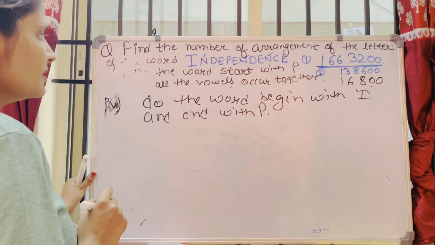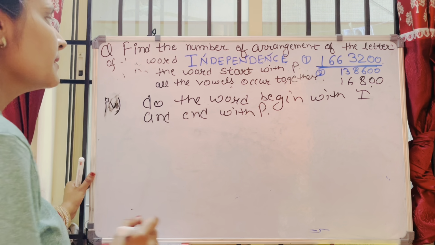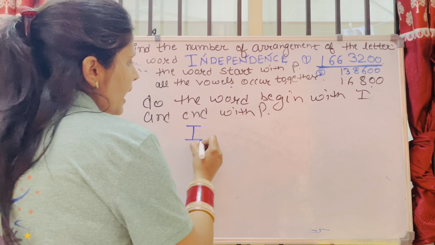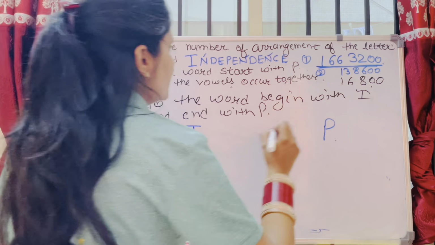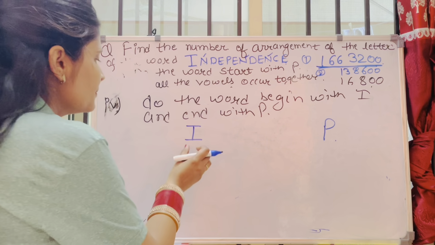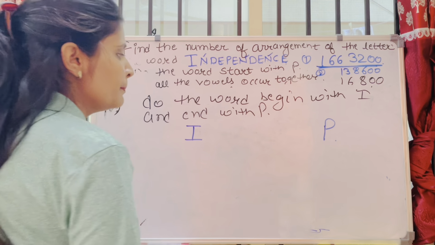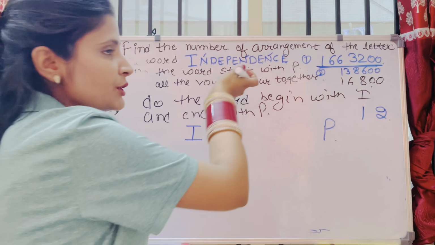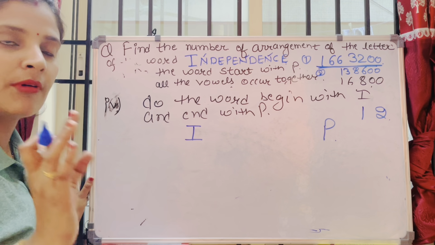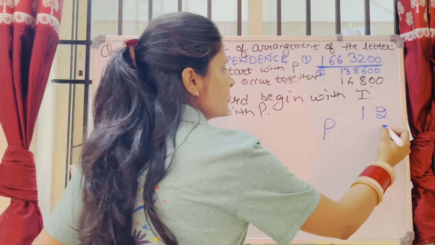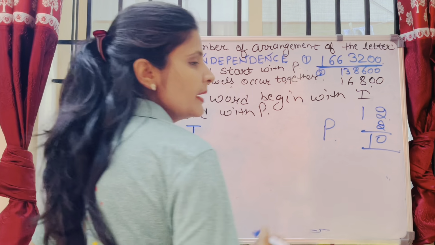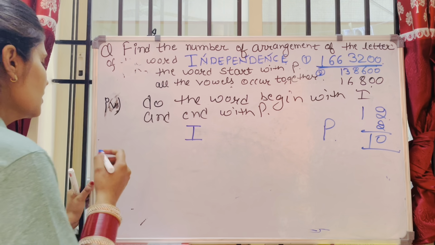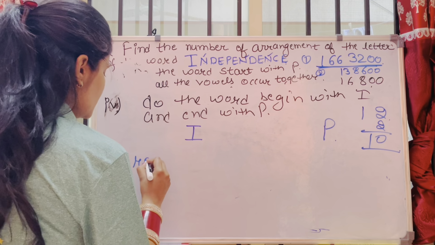In Independence, for the words that begin with I and end with P, the total number of arrangements: out of 12 letters, 2 letters are fixed. So how many letters remain? That is 10 letters.